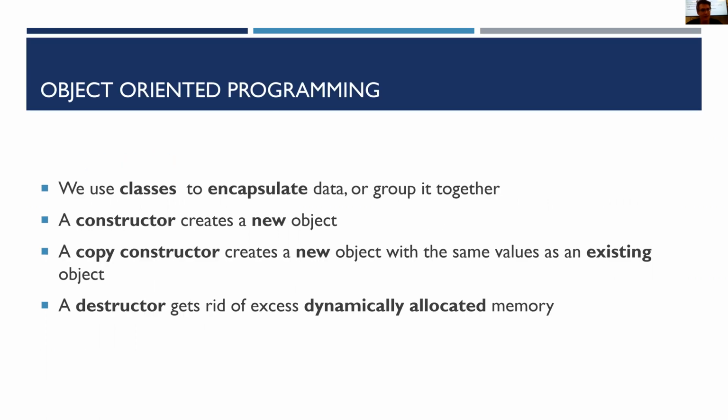Yeah. So then we have OOP, object-oriented programming. You learn this in 3502, and then you learn it again in 3503, but in C++ it's a little bit more complicated. First of all, the whole basis of OOP is encapsulating data, which is a fancy word for grouping a bunch of data into one object.